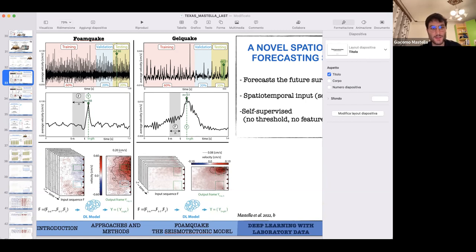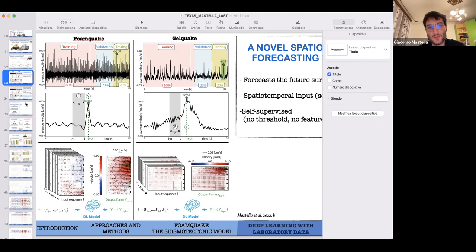There are some methods to try to generalize more the results that you can obtain with one architecture, but it was not the main goal of our work.